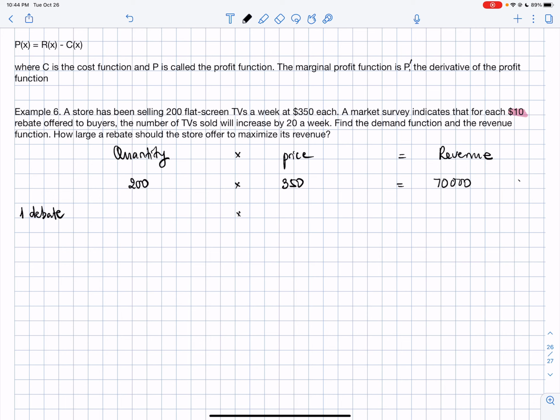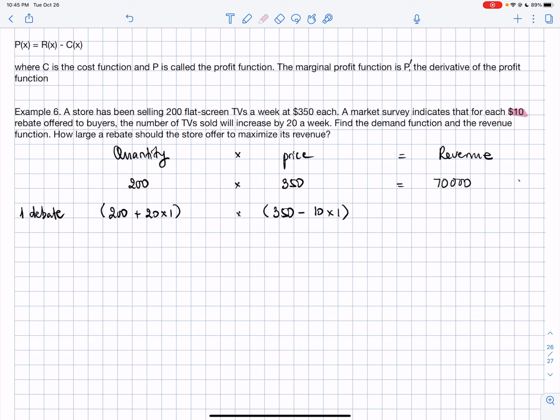So it means that we have $350 minus 10. And this is one rebate, so we multiply by 1. What about the quantity? The quantity will be more because the price goes down. They will sell more TVs, okay? So 200 plus 20 times 1.